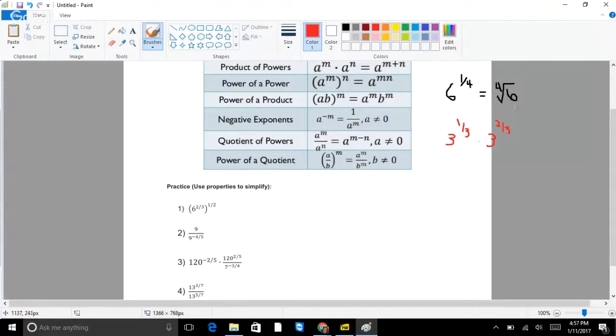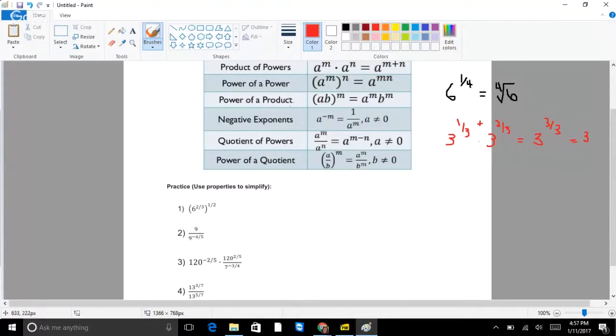We're going to add the two exponents together. So it's going to be 3 to the 1/3 plus 2/3, and I'm going to be lazy about it and write it like this so you don't have to wait. So 1/3 plus 2/3, and we're going to get 3 to the 3/3 power, which is just, of course, 3 to the 1st power, or 3.